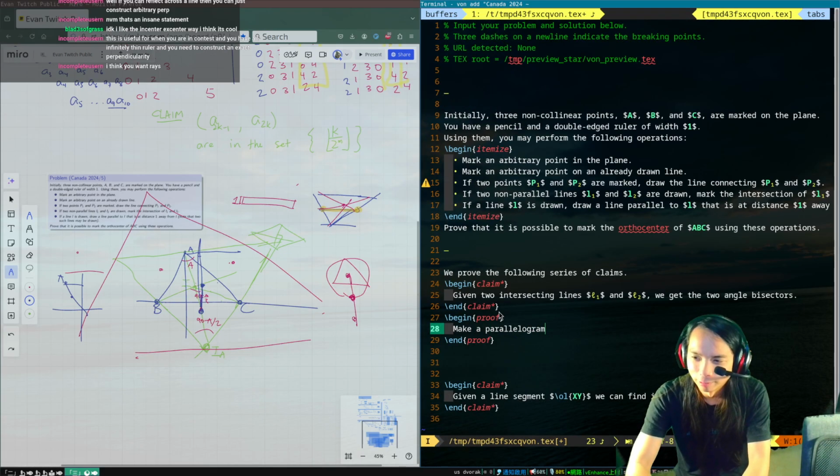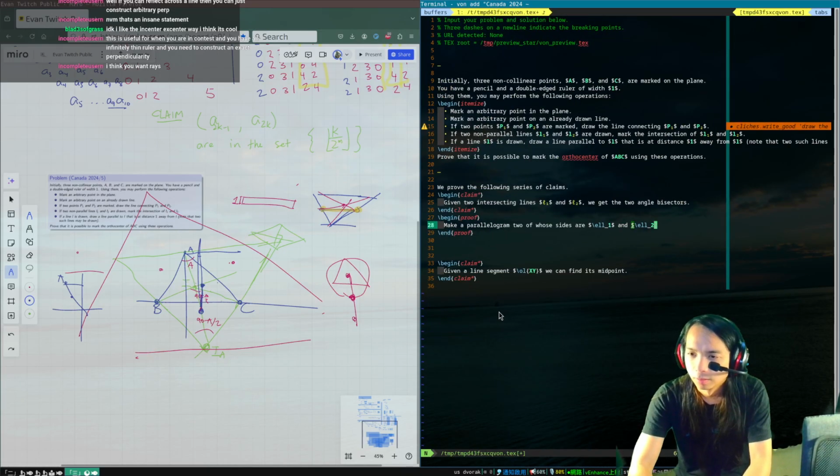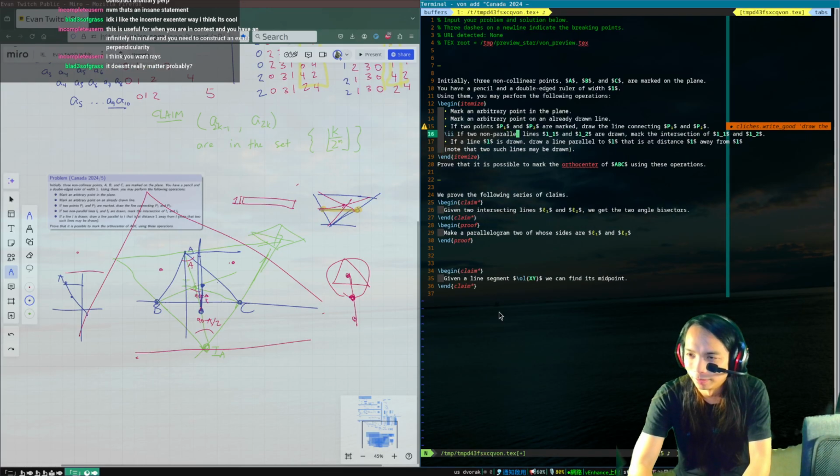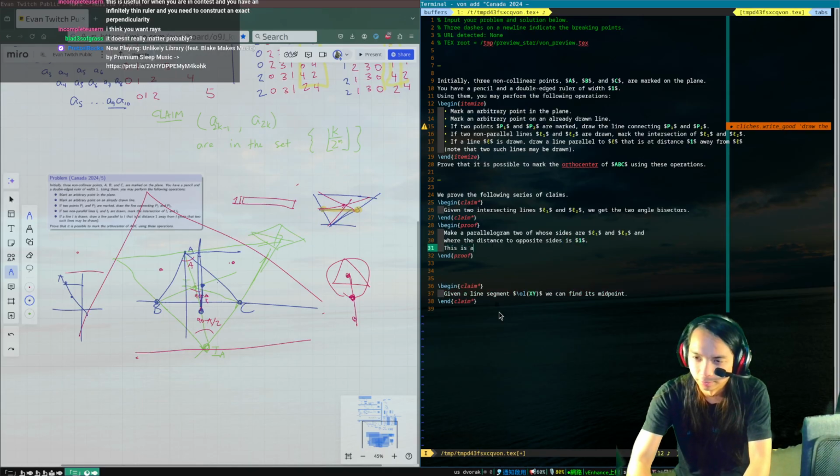Make a parallelogram, two of whose sides are L1 and L2. Also, I'm assuming the contest used the curly L. And we're distance to opposite. This is actually a rhombus.